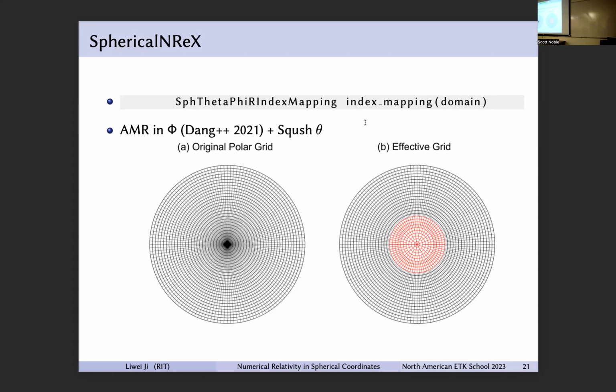Is it just out of the box using the reference metric that fixes the issue, or is it the filtering that allows you to propagate shock waves through the origin? I think it's both.